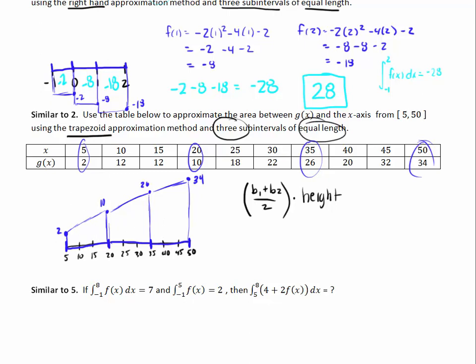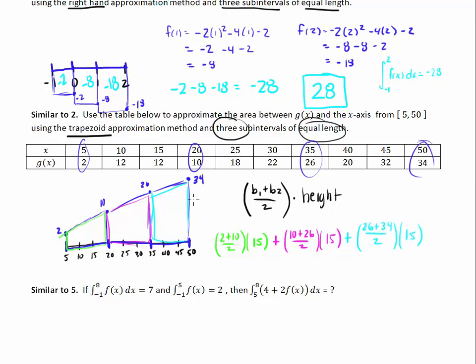So for example, this first one right here, we'll do this one in green. We've got 2 plus 10 divided by 2 times the width, which is 15, plus, we'll do this one in magenta, 10 plus 26 divided by 2 times 15, plus this one right here is 26 plus 34 divided by 2 times 15.